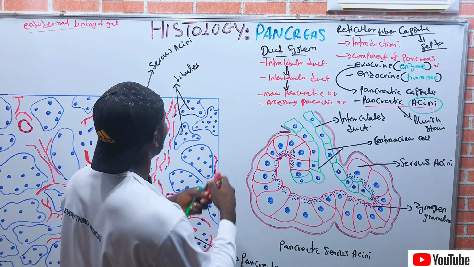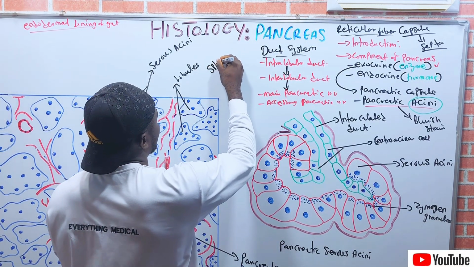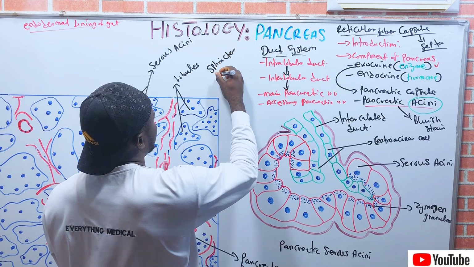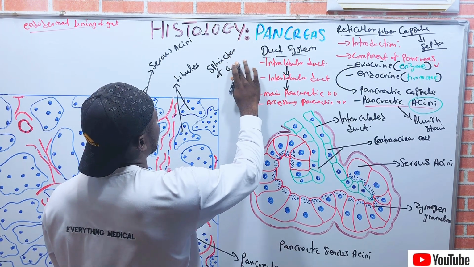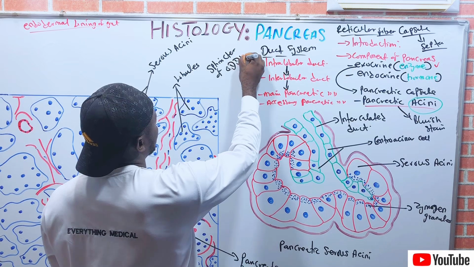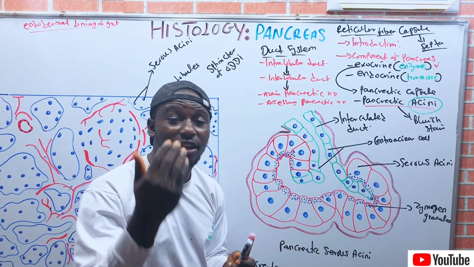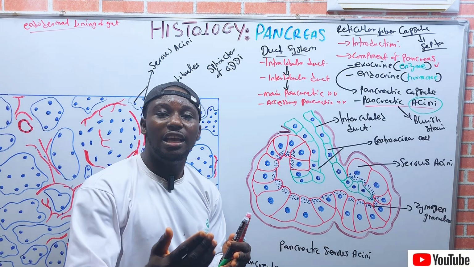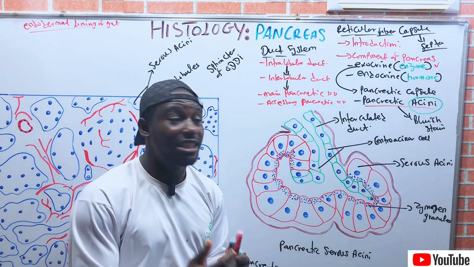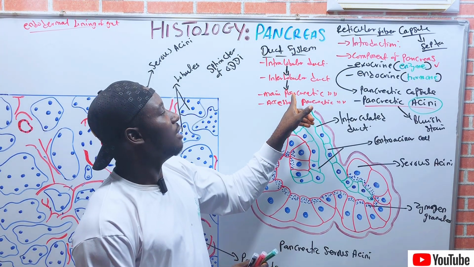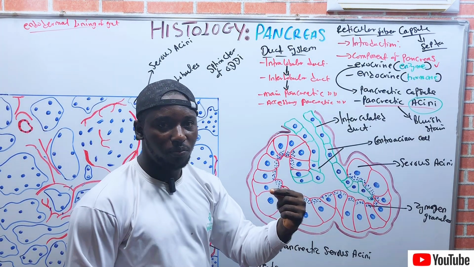The sphincter of Oddi is a sphincter that regulates the efflux of those pancreatic secretions, which is the pancreatic juice, from the main pancreatic duct to enter the duodenum, right?